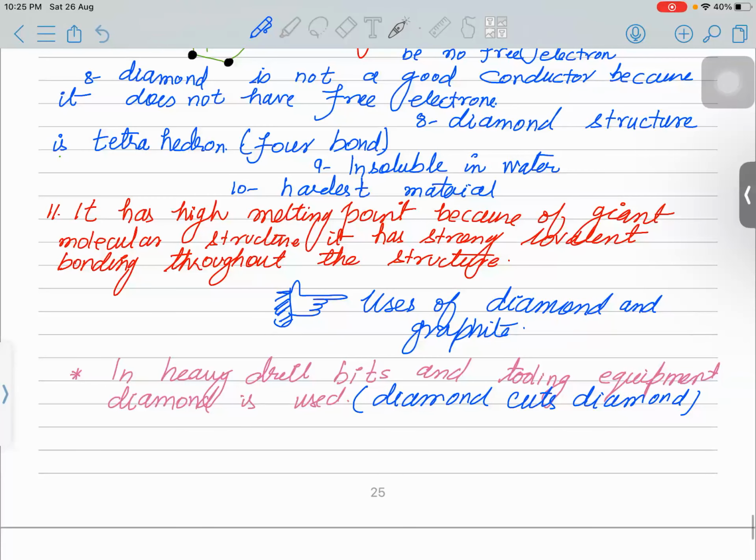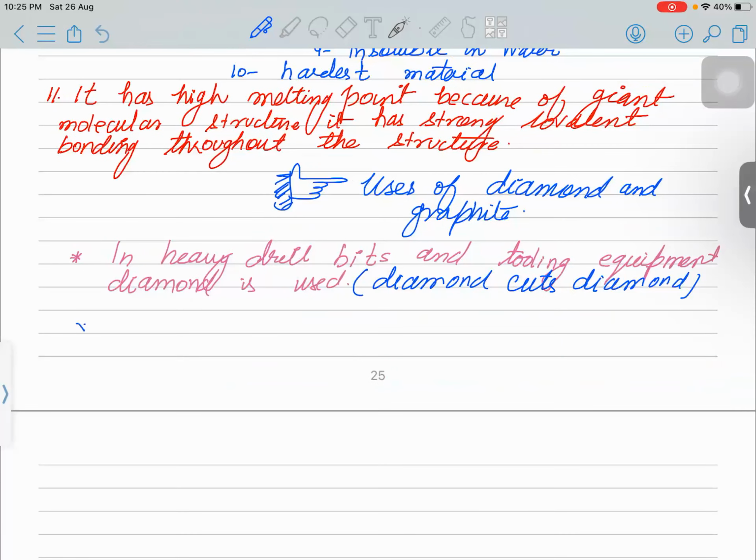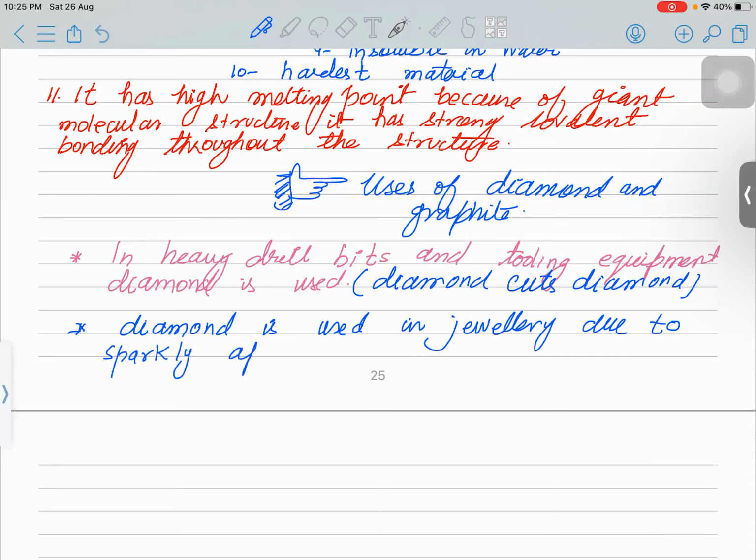Next, diamond is used in jewelry due to its sparkly appearance.